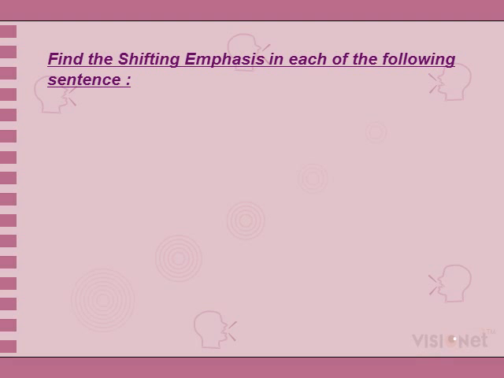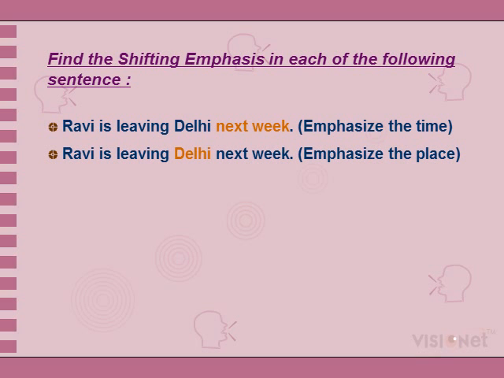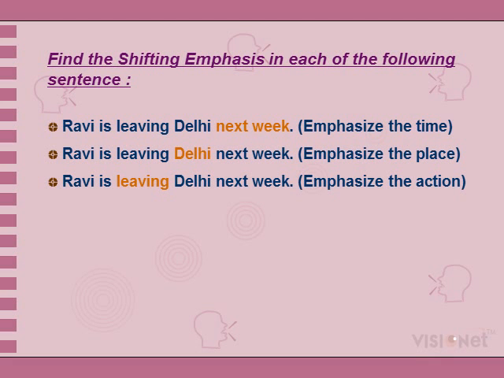The next example is Ravi's leaving Delhi next week. Now let's shift the stress on the word Delhi. Ravi's leaving Delhi next week. Now again we'll shift the stress on the word leaving. Ravi's leaving Delhi next week.